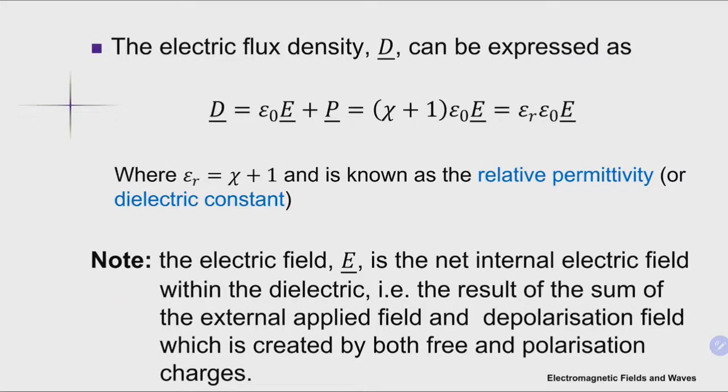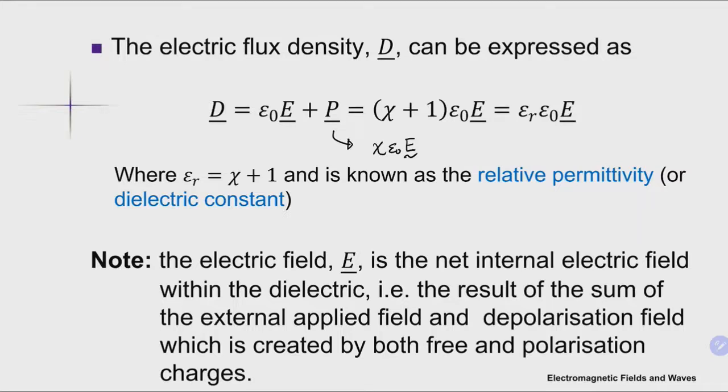Okay, so the electric flux density D can be expressed as epsilon naught times the electric field plus the polarization field. And this, as we said just now, equals this equation.